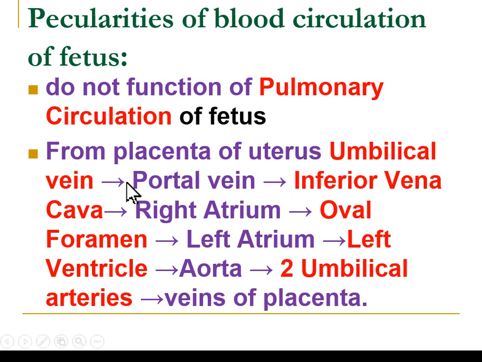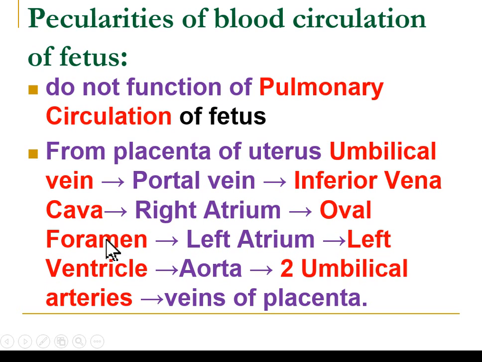This umbilical vein flows into the portal vein inside the liver, the portal vein into the inferior vena cava, the inferior vena cava into the right atrium of the heart, and between the atriums the fetus has the oval opening.